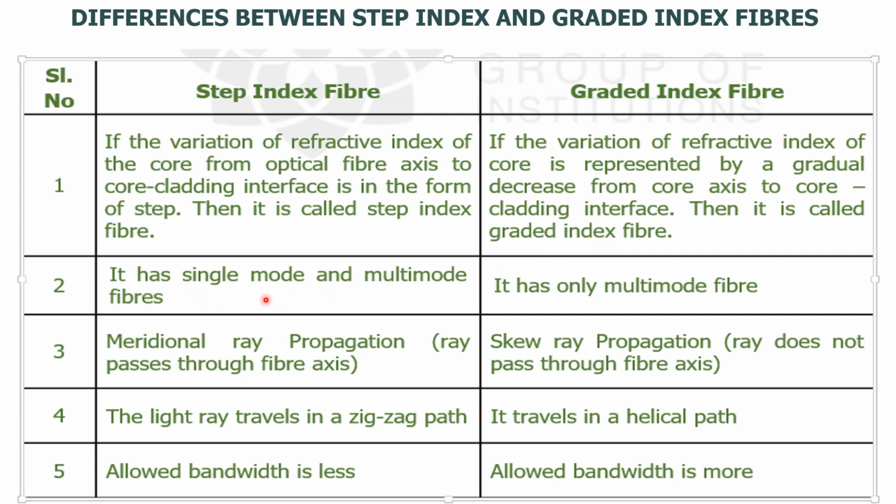Then it is single mode and multi-mode. Then meridional ray propagation, that is, the ray axis passes through the optical fiber axis. Here it is skew ray propagation, that is, the ray does not pass through the optical fiber axis.